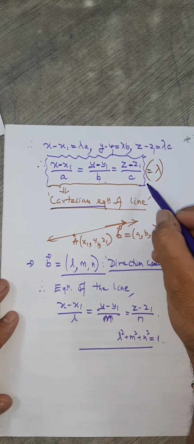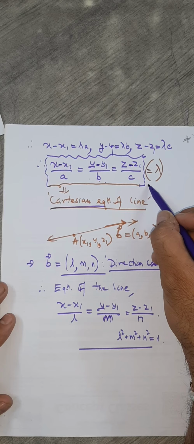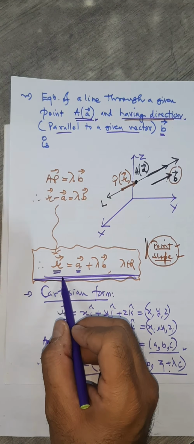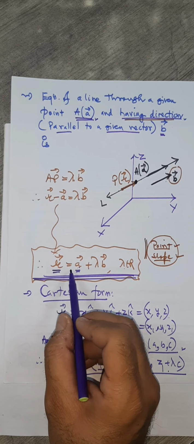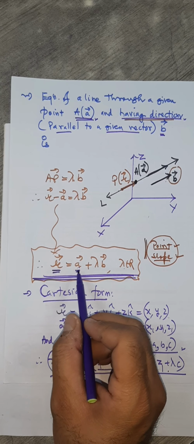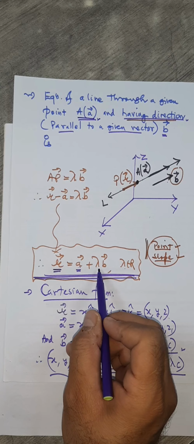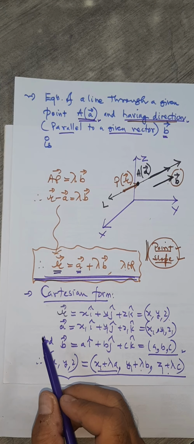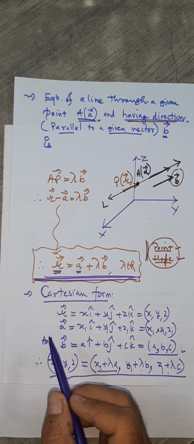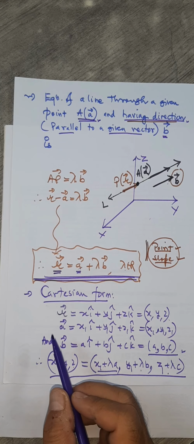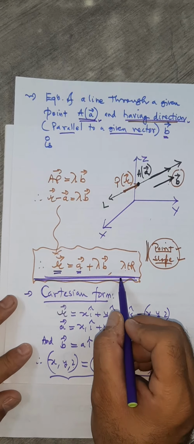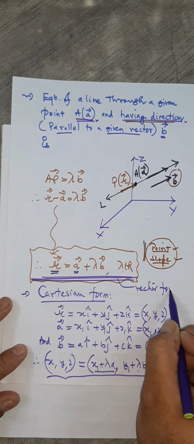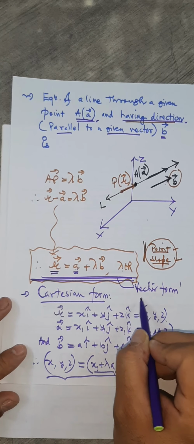So this is what's called the Cartesian form, and the previous one which we have stated is vector r equals vector a plus scalar lambda times b. This proof is not important, this is just for the information I mentioned. This is known as, as I told you, the vector equation of the line. Remember, this is sometimes called the vector form or vector equation of the line.